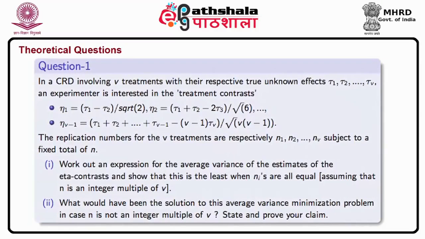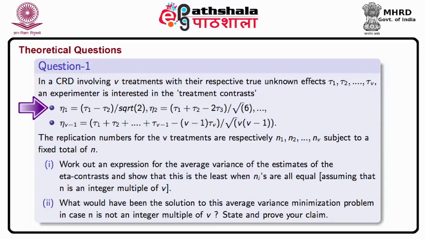Here comes my question number 1. In a CRD involving v treatments with their respective true unknown effects tau 1, tau 2, ..., tau v, an experimenter is interested in the treatment contrasts. So read carefully. Eta 1 equal to tau 1 minus tau 2 over root 2.